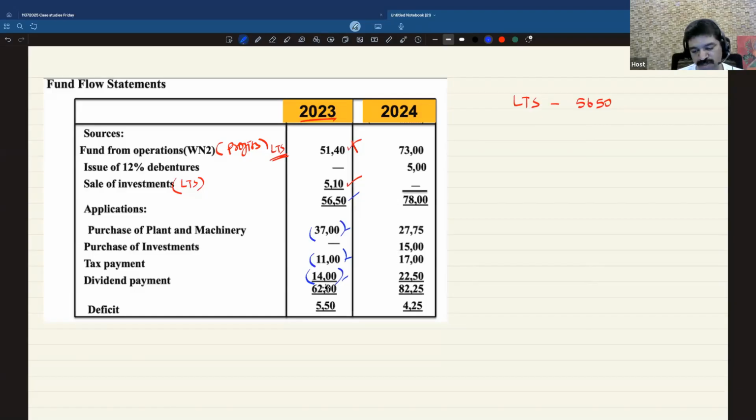You have long-term funds of 5,650. If you are going to use this money, where will you use it first? Whether for paying taxes or dividend or purchasing plant and machinery.